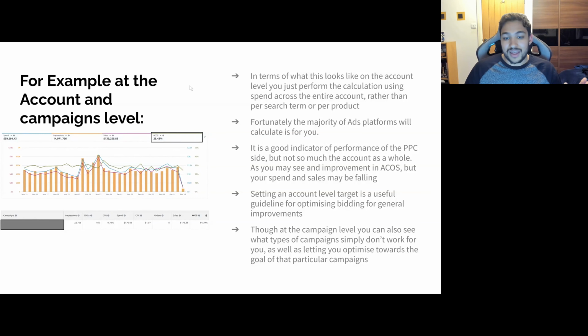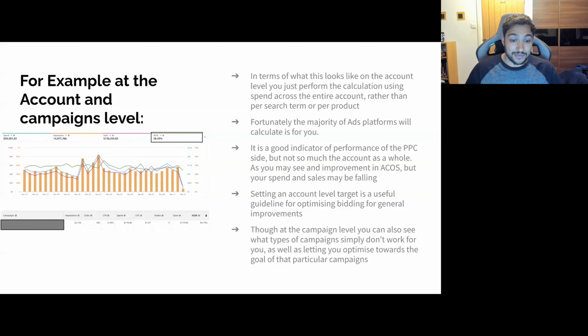Fortunately, a lot of ads platforms will calculate that for you, because otherwise going in and doing product A, we spent £10 on keyword Y for product A, and doing that for massive catalogs would simply not be feasible. But yeah, it's a good performance indicator for the PPC side, but not so much for the account as a whole, which I mentioned earlier.